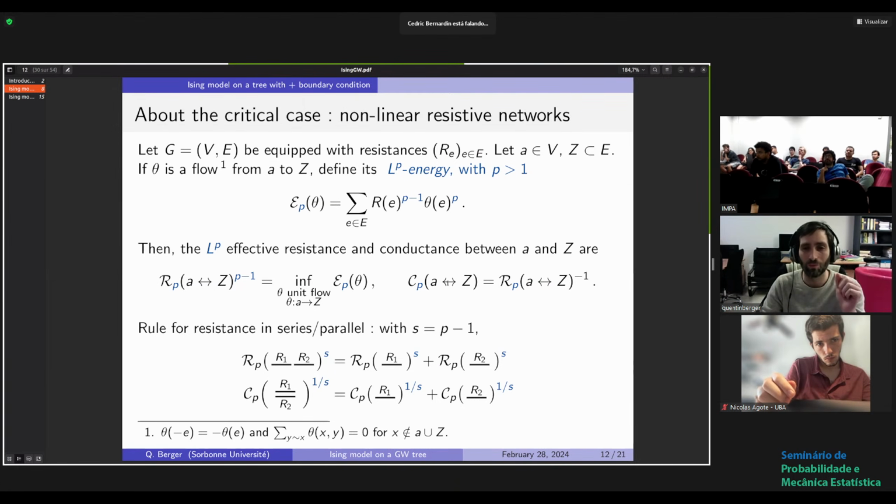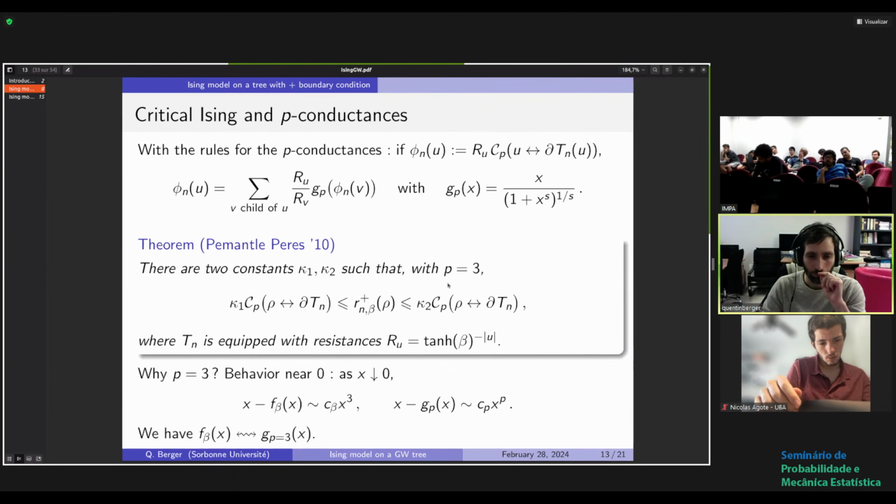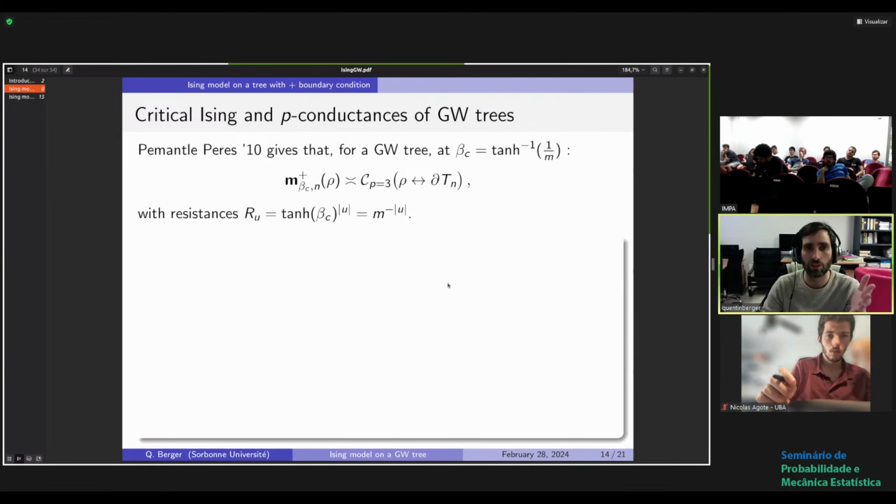So it is not related to the capacity in potential theory, or it is? Yes, it is. But the way to present it, with resistive networks, it makes more sense to me, at least.